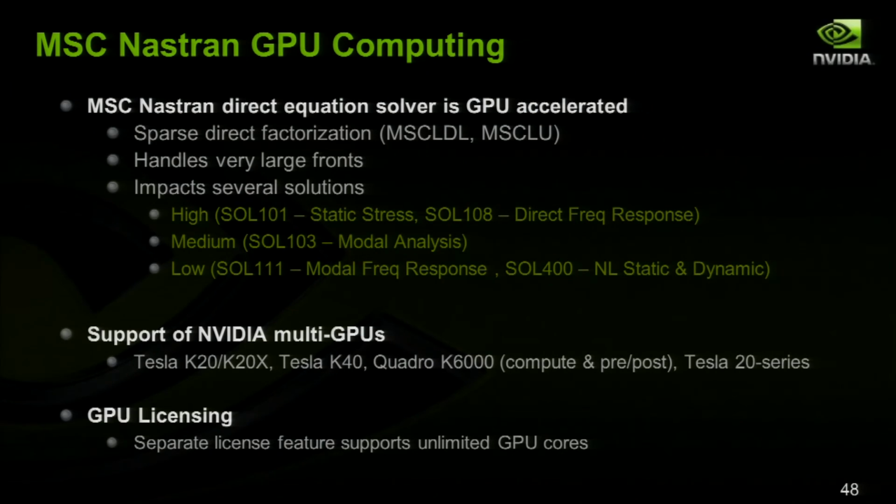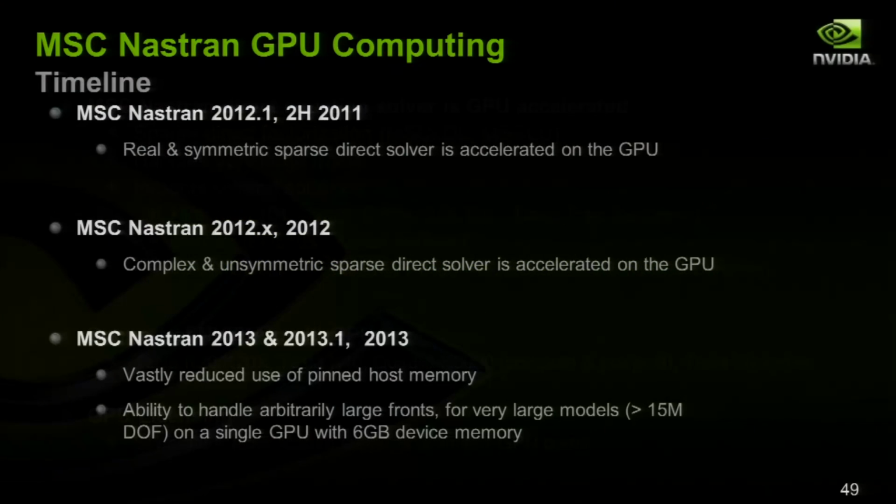It also supports multi-GPUs in Nastran, and it supports Tesla Kepler series, such as K20, K20X, K40, K6000. And you need a separate license feature to unlock unlimited GPU sockets.